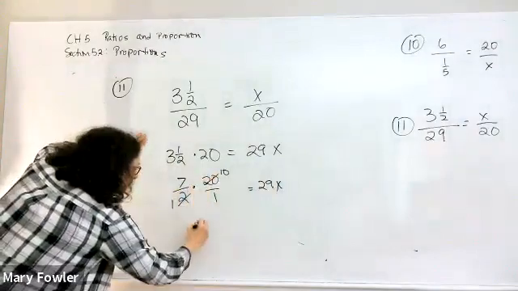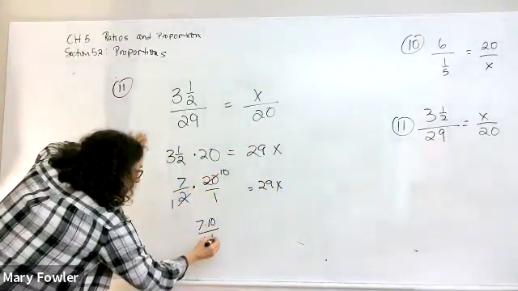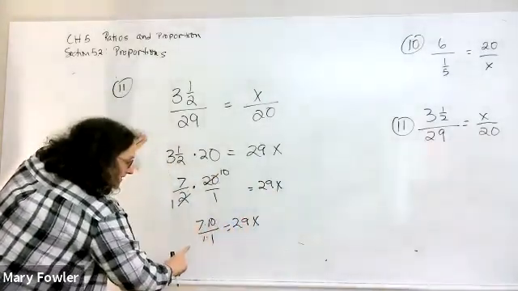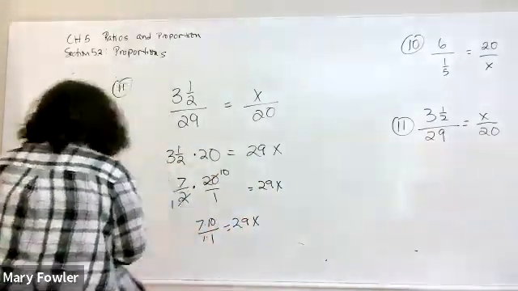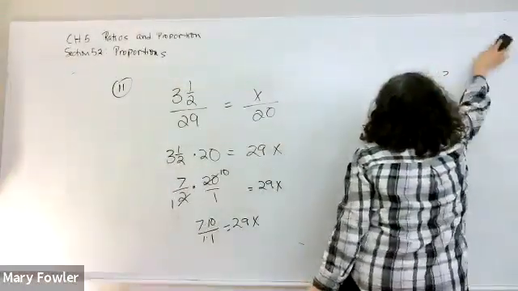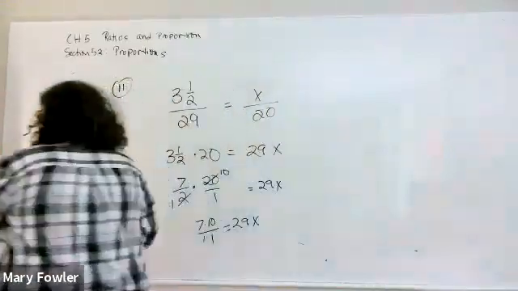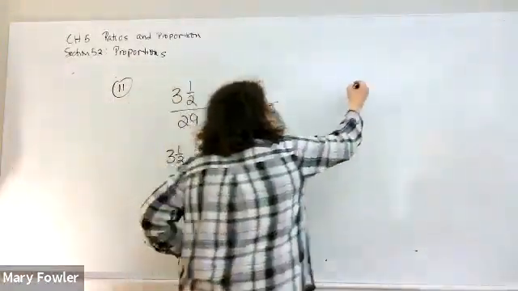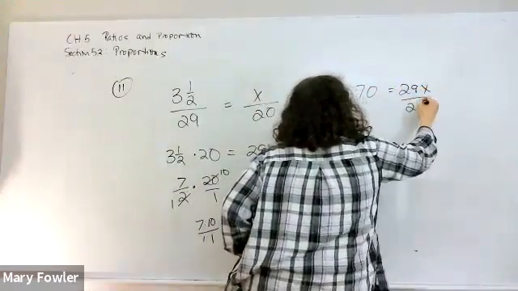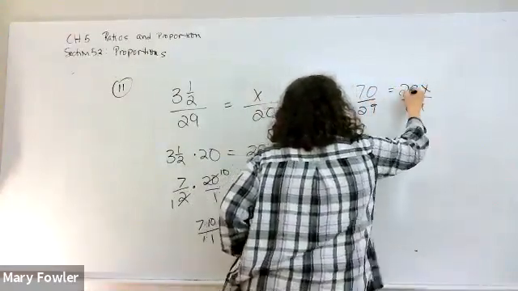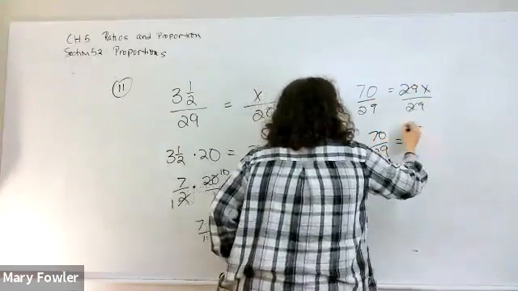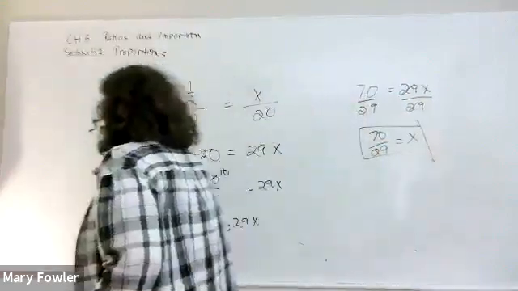So this is 7 times 10 over 1 times 1 is equal to 29x. So over here, we just get 70 equals 29x. We're going to divide both sides by 29. And we get 70 over 29 is equal to x.